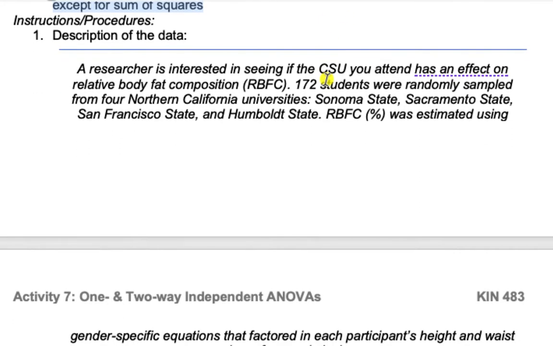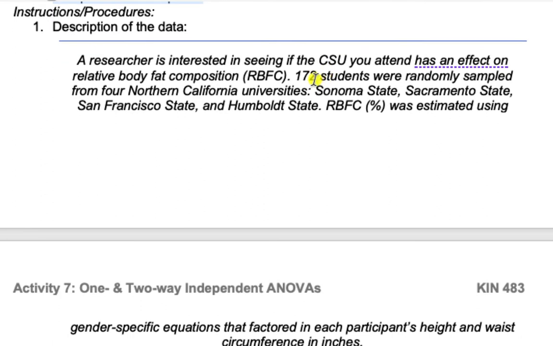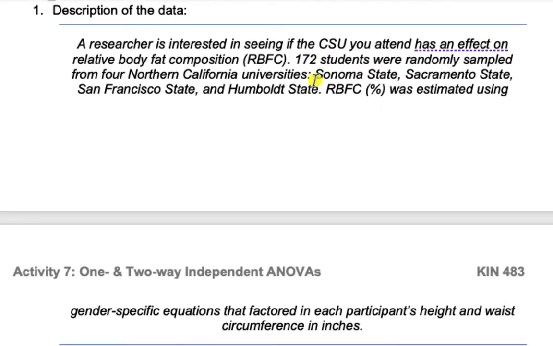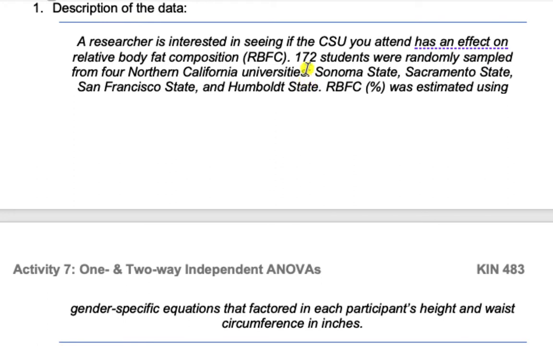So our description of our data, just so you have some context on what these values in the spreadsheet are indicating. We have a researcher who is interested in seeing if the CSU you attend has an effect on relative body fat composition, which we are abbreviating as RBFC. 172 students were randomly sampled from 4 Northern California universities: Sonoma State, Sacramento State, San Francisco State, and Humboldt State.